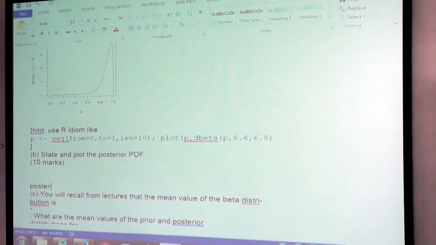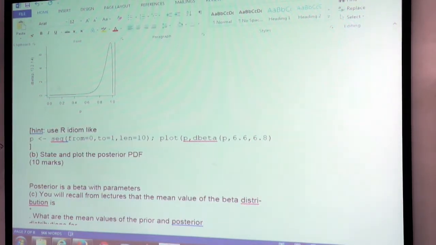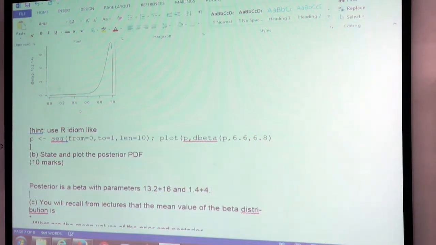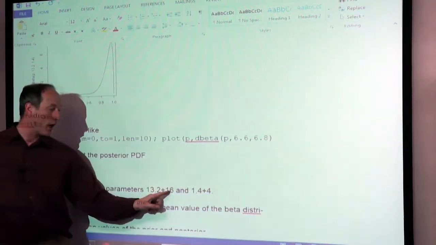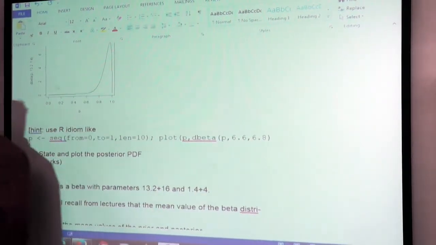The posterior is a beta with parameters 13.2 plus 16 and 1.4 plus 4. Yeah, because this is the number of successes who came and this is the number of failures who didn't, because there were 20 in the class, 16 came and 4 didn't.